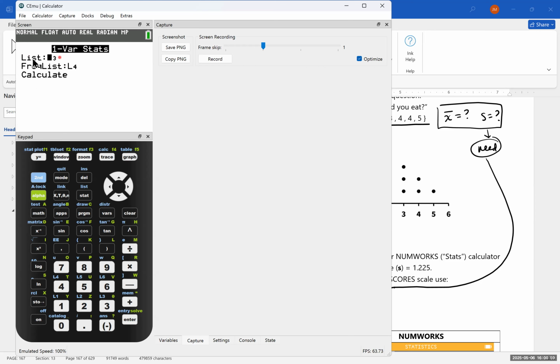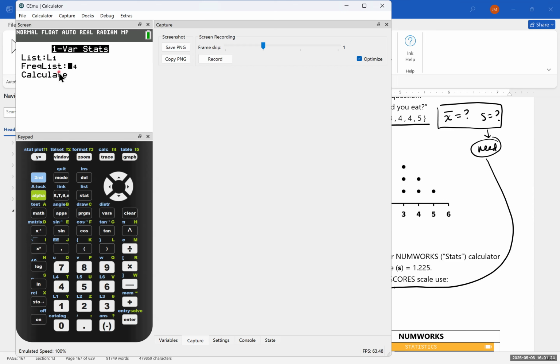Okay, now the list is going to be our list of unique datums. And for me, that was list 1. You can see list 1 is not present here. To get it, notice that L1 is above the number 1 key. For me, L1 is in blue, which is a hint that I have to hit this blue second button first, followed by the 1 key to give me L1.